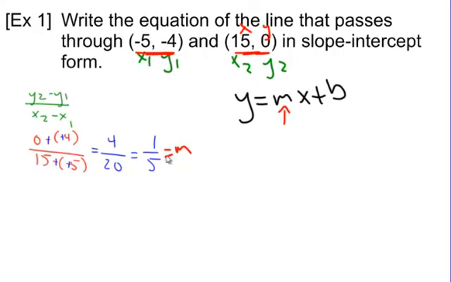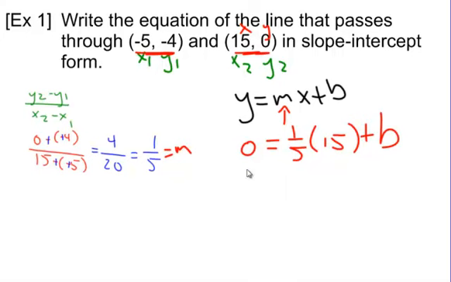And we know our m, right? Our m is 1/5. So watch. This 0 is going to become our y. Our m, which is the slope, is 1/5. Our x is 15. And our b is just b. That's actually what we're solving for. We want to know what b is.